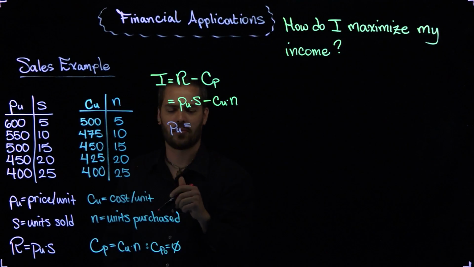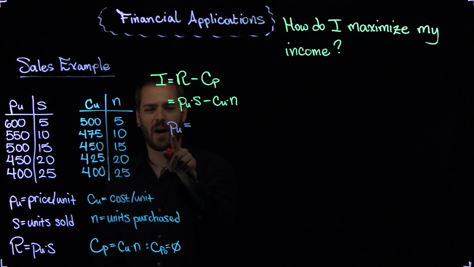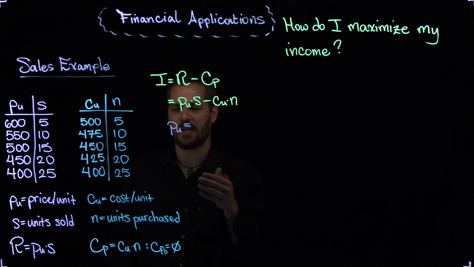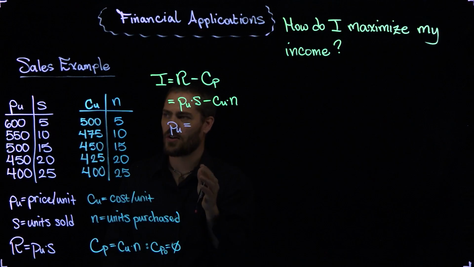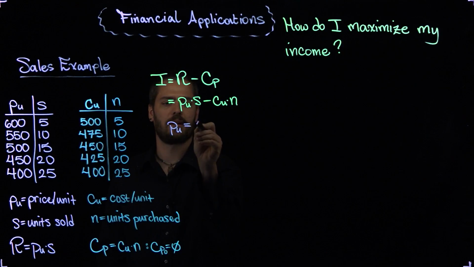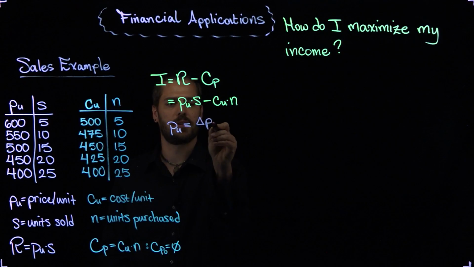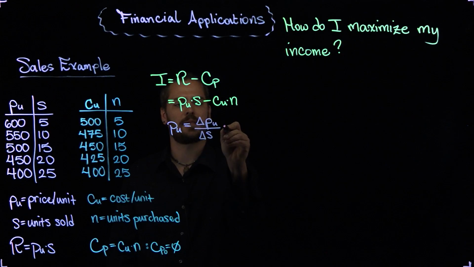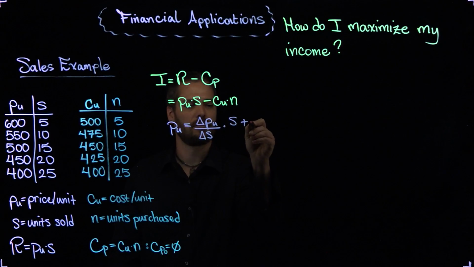I'll just do it this way, the price per unit. So I'm going to say this is like my y, and this is like my x. And I want mx plus b. M is the slope, and so we're going to define it this way. I'm going to say, all right, this is my change in price per unit over change in number of units sold times the number of units sold plus some initial quantity.